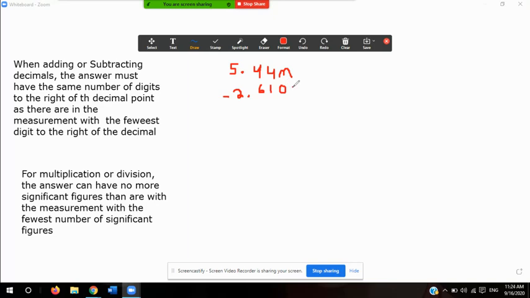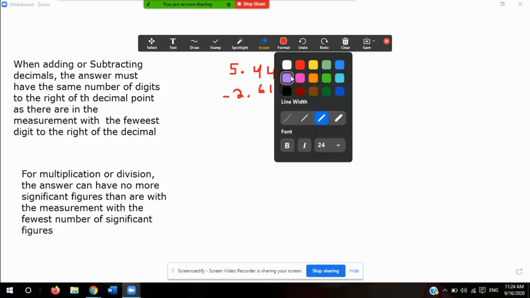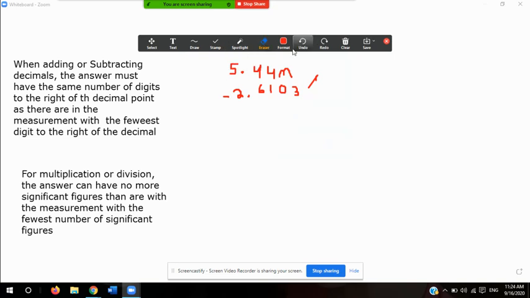Now, if we look at the rules of significant figures for adding and subtracting, the rule basically says that you're going to subtract normally, but your answer is going to have the same amount of significant figures as the measurement with the least amount of significant figures. I know that can sound confusing, especially when you're not seeing it, but let's say you have that problem.